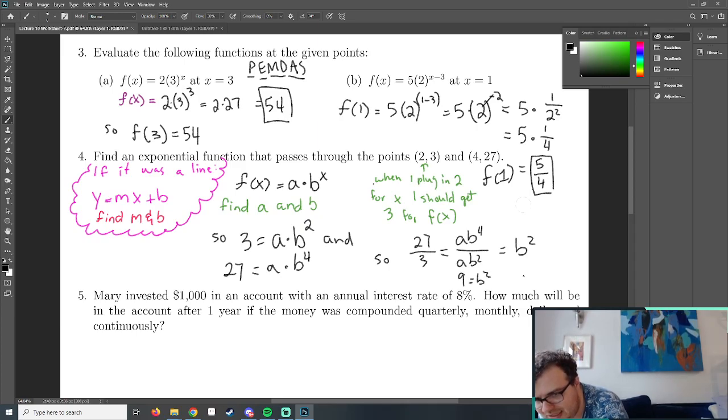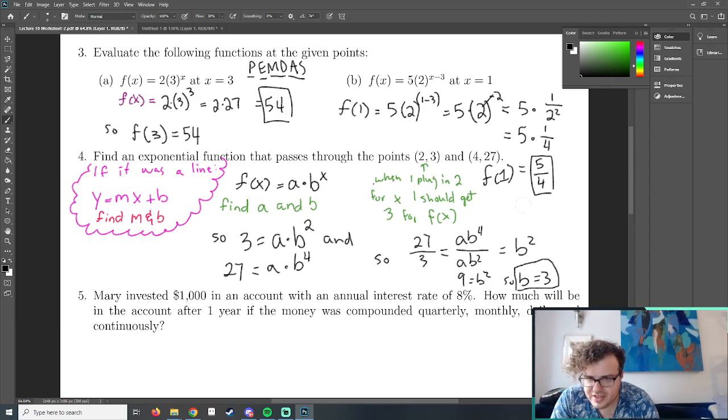I told you before b is always a positive number. So b must be 3. And if b is 3, the other logical way to think about this is, I told you before, anytime x increases by 1, we multiply our y value by b, right? So here, to get from this first point to this second point, x increased by 2.